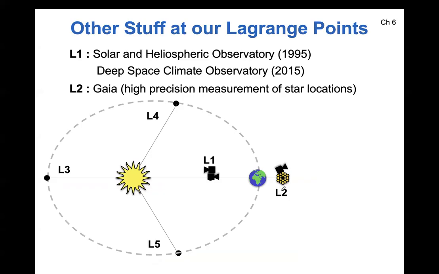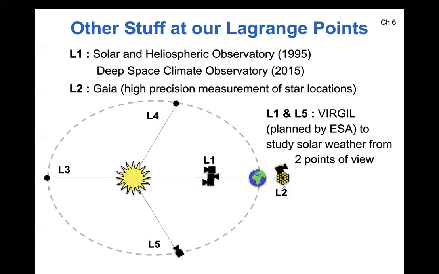They were discovered in the 19th century, but since the early 20th century, it's always been talked about, we should put things at the Lagrange points, space stations, whatever. But this is the first time something large has ever been placed at one, an operational object. So it's just an impressive achievement.